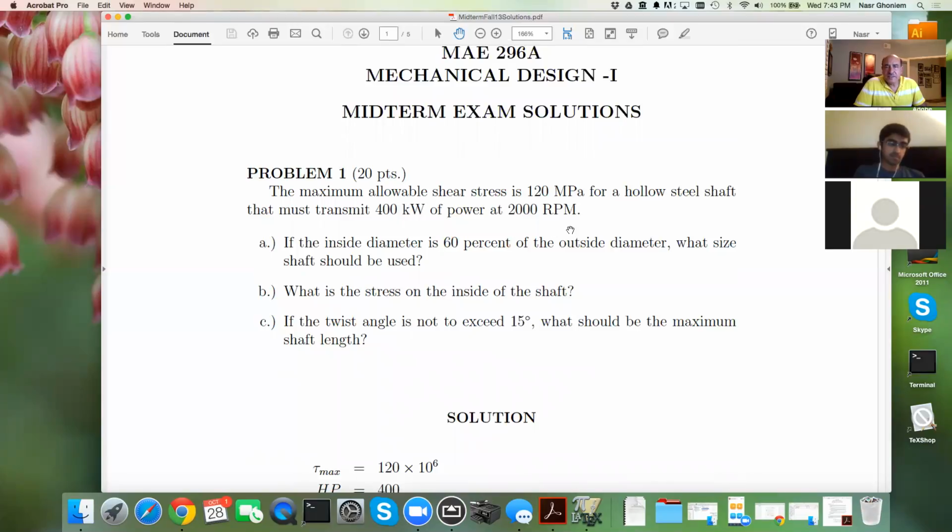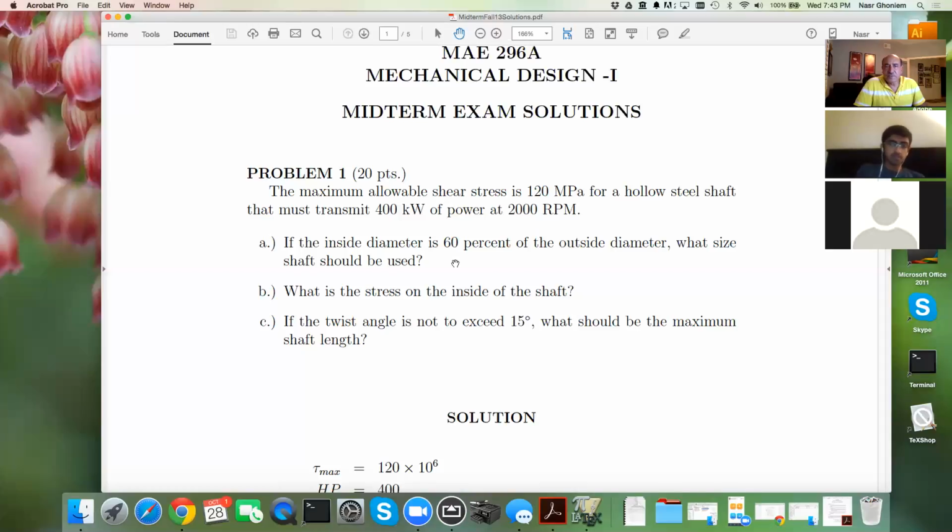From that, we get the torque, and then from some level of allowable stress and knowing the torque, we can get the dimensions. And as I mentioned, the trick here is that there's a relationship between the inner and the outer diameter, and therefore we can get the entire dimensions of the shaft.